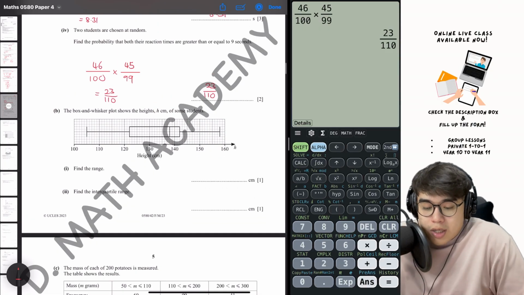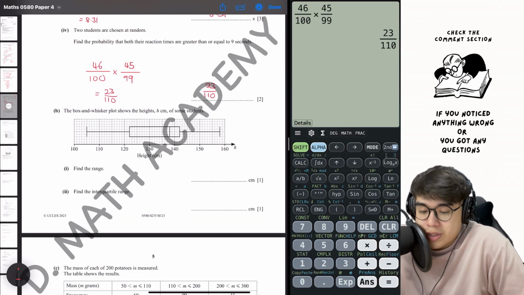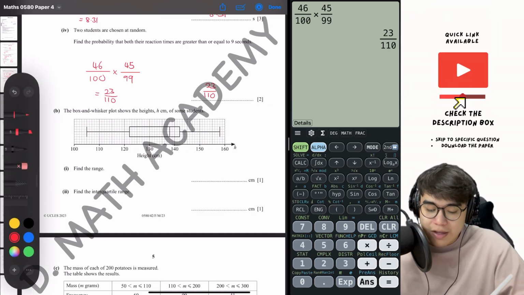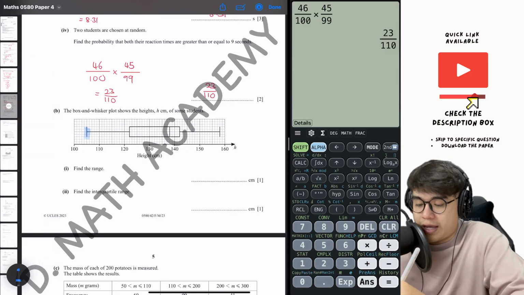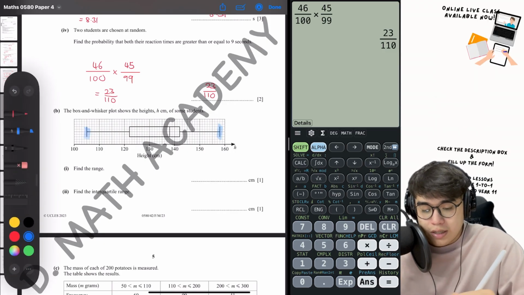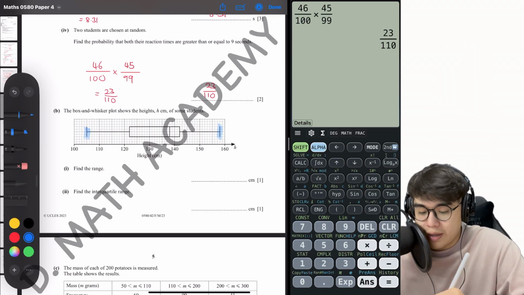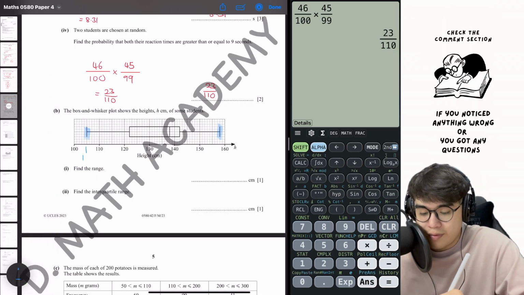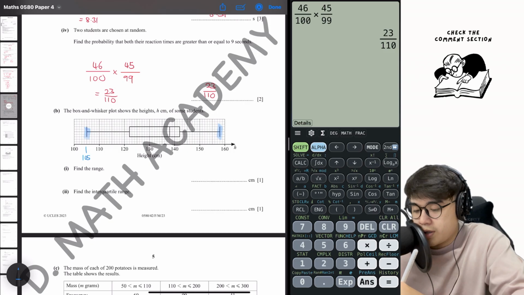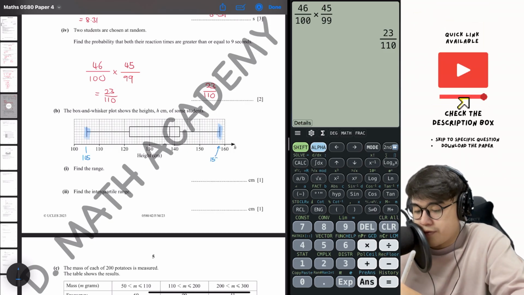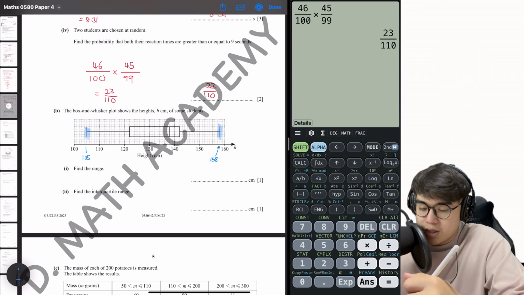Moving on to section B, box and whisker plot. Finding the range means I have to identify the value of this and this. The first one will be valued at 105. Here, looking at the position, it was located at 158.